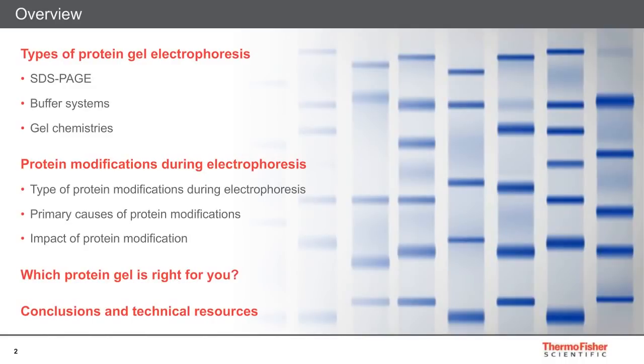Hello everyone, and welcome to this precast protein gel webinar, where we will review how best to choose the right gel for your research application. This is the brief agenda for today's talk. I'll be talking about different types of protein gel electrophoresis with emphasis toward different gel chemistries of precast gels and their specific applications.